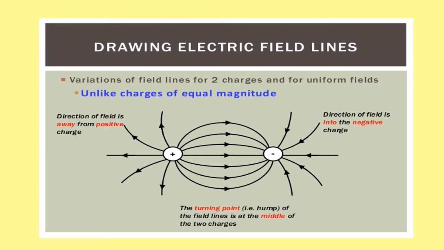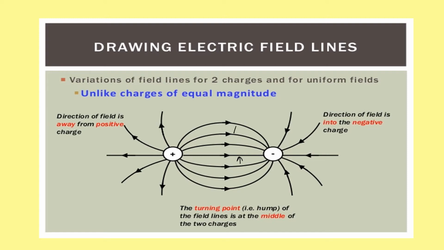Here we can see the field lines which exist between a positive and negative charge. So the positive charge has field lines going out the way, going towards the negative charge, which has field lines going in. We can see within this we have a central straight line in between them, but then the field lines become curved and further apart.